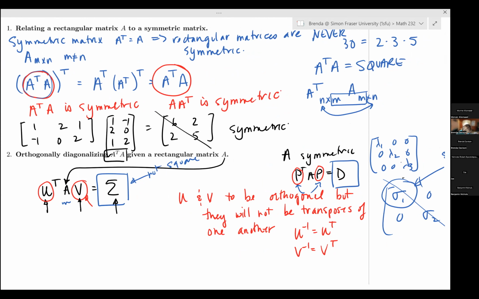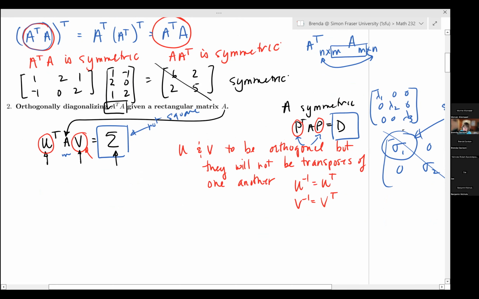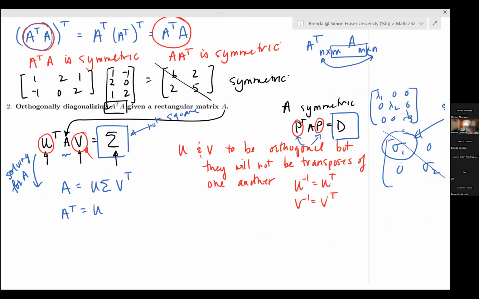Okay. So if I try to do this procedure, then I can multiply on both sides, and these are now three matrices like that. If I can figure out what U and V are and what sigma is, then I can decompose A. Going from here to here is just solving for A. I can also take the transpose, and I would get A transpose equal to this.